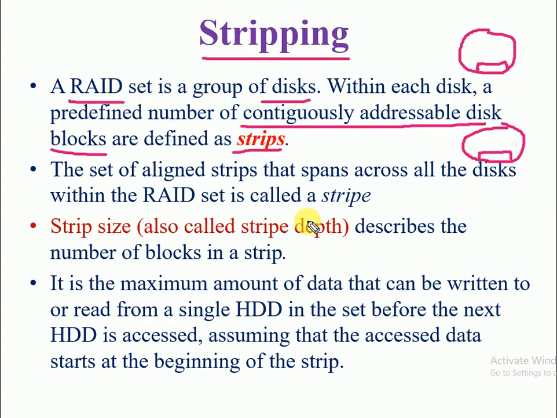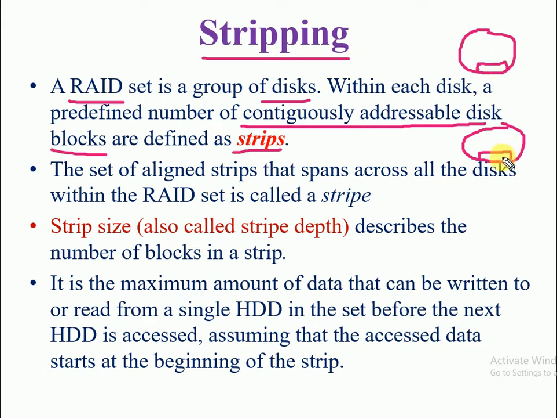So with each disk, some locations are contiguously addressable. Contiguously addressable means one address after another address. In that format, some continuous locations are collected together to form a single strip. We do striping, and on these different strips we place the data. The set of aligned strips that spans across all the disks, so similar strips that are aligned across all the disks, is what we call a stripe.